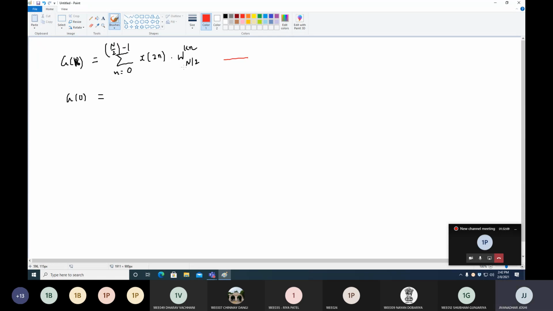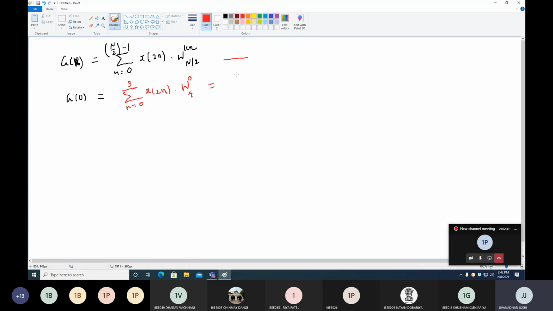You need to remember these equations, by the way. Okay, G of 0 is equal to how much? Summation n equal to 0 to how much? N by 2 is 4, 4 minus 1 is 3. So 0 to 3 x of 2n into w N by 2, which is w4, raised to how much is k? K is 0, so w4 raised to 0.